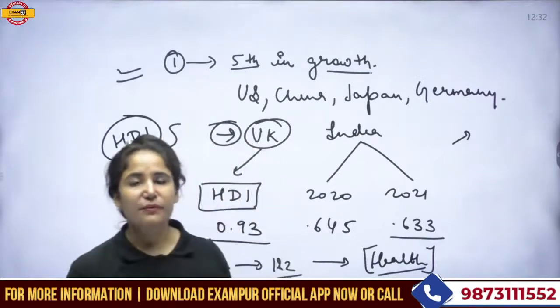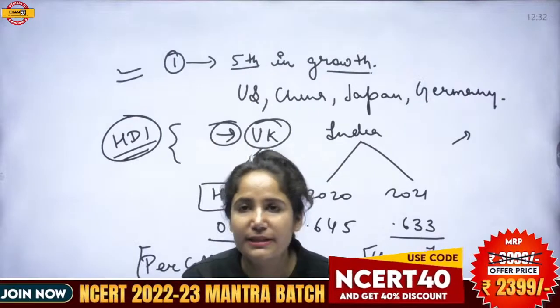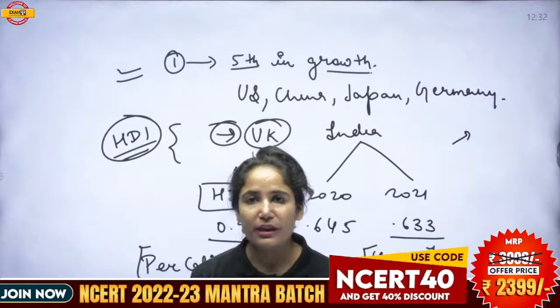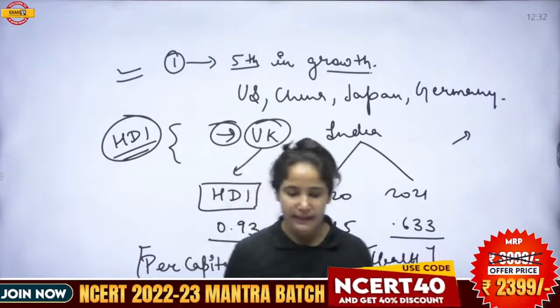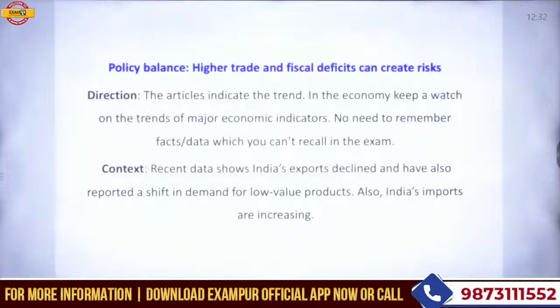Like 25 years we want to take and expect to reach developed status. We would require 8 to 9% growth in our country in order to have the status of a developed one. So this is what we are talking about.